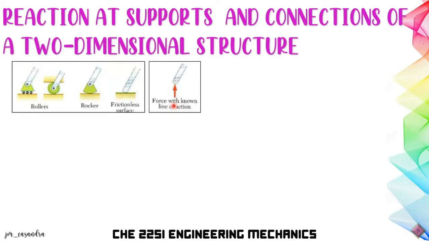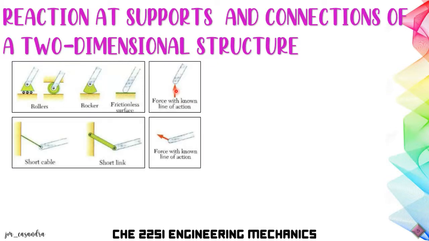For this type of support, we have a single reaction which is directed perpendicular to the surface of contact. In this example, our surface is along the horizontal, therefore the reaction will always be perpendicular. But if we have a vertical surface of contact, the reaction will be along the horizontal.